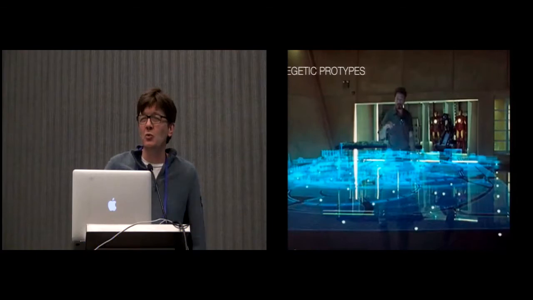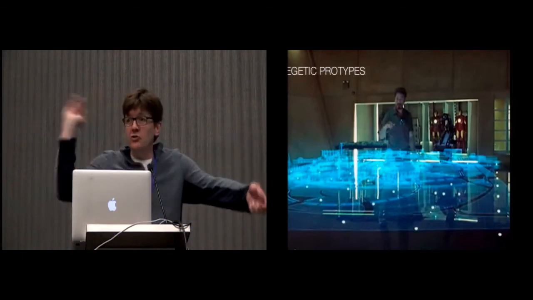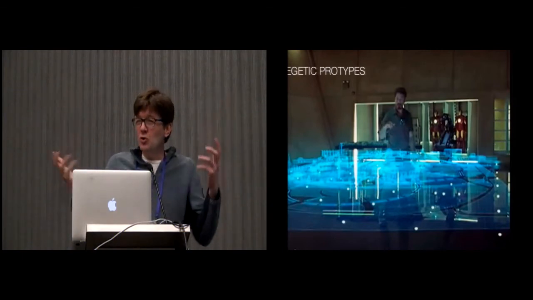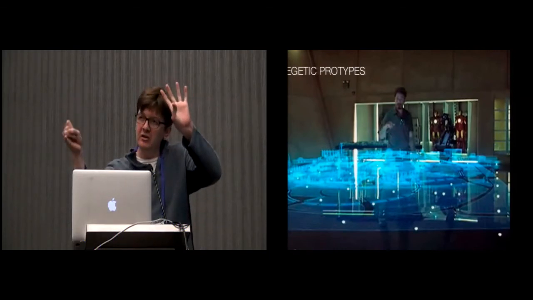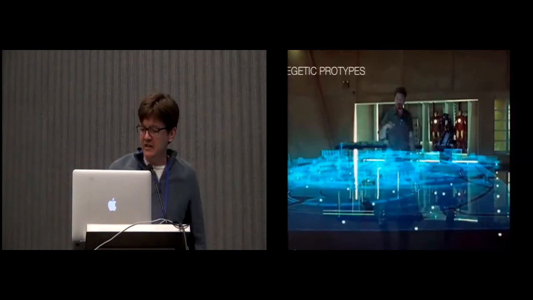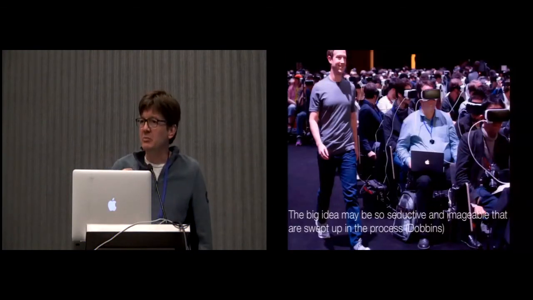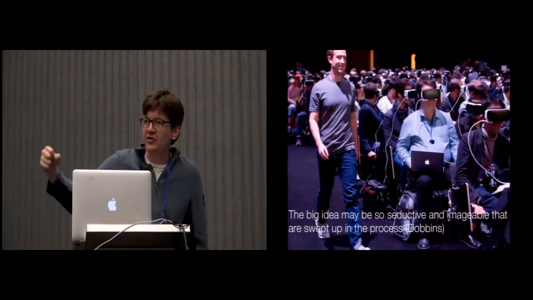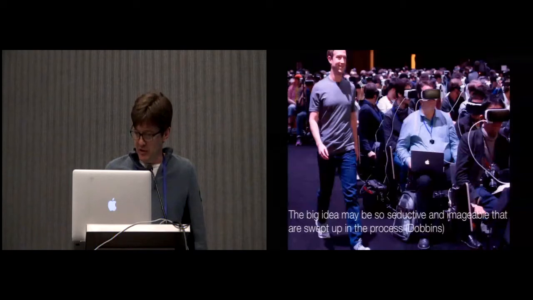So the idea is that we're being sold this idea in the diegetic prototype. So when Tony Stark is spinning around the virtual holograms, it always works. He doesn't get the error message, like move your finger slightly further. We're being sold an idea here, right? And Dobbins warns us that sometimes the big idea can be so imageable, so fast, it becomes very compelling. It's very, very easy to get swept up in this way.